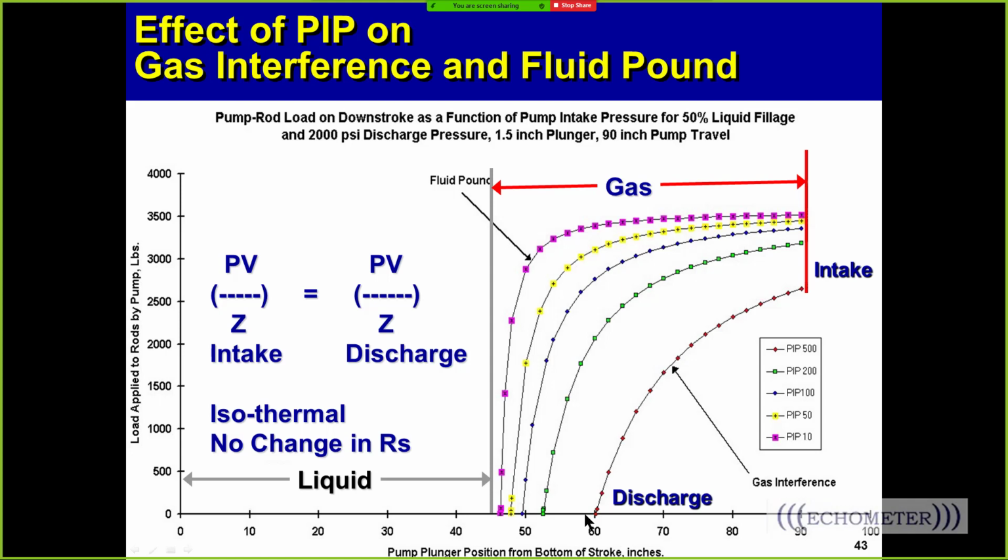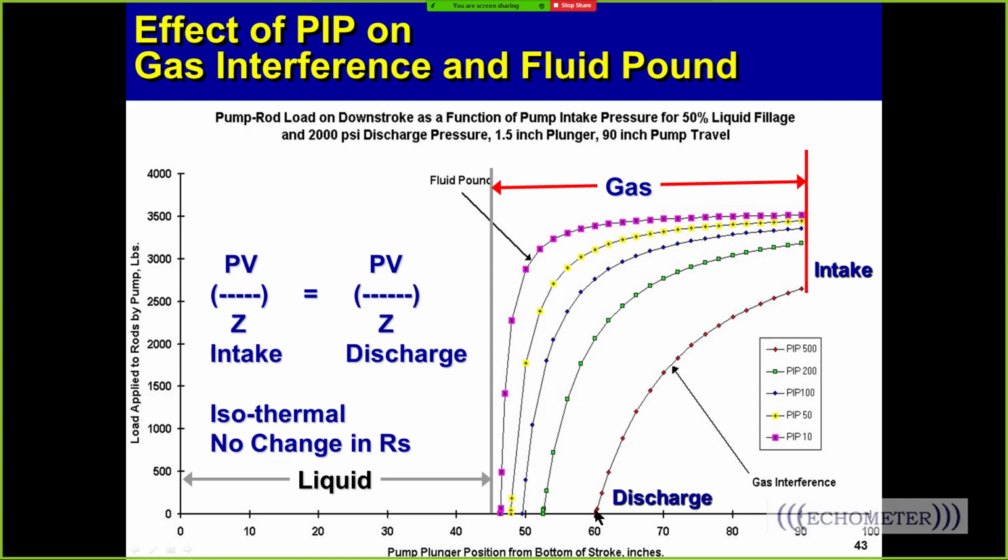So when this compression curve gets to that point right here, the pressure inside the pump chamber, this is the pressure inside the pump chamber being plotted from different intake pressures. So we start here at the intake pressure. As the plunger moves down, the pressure increases until it goes from 500 psi right there to 2,000 psi right there.